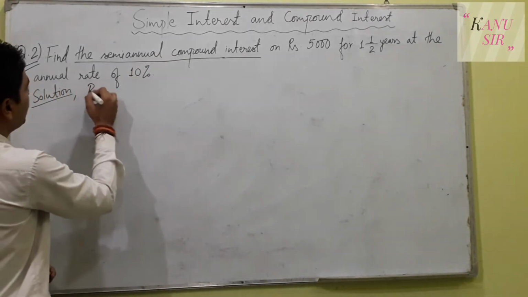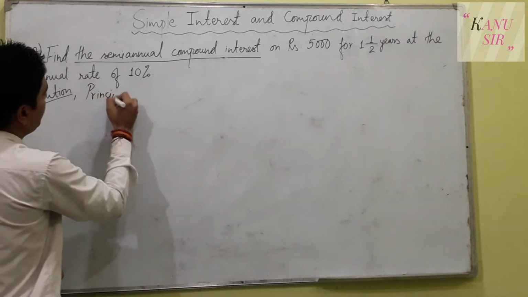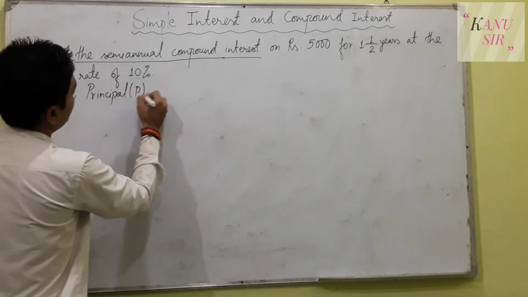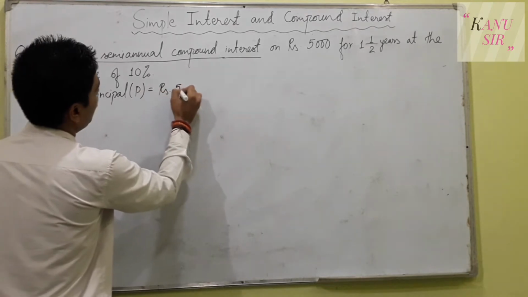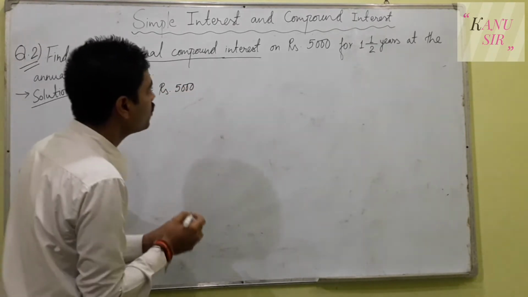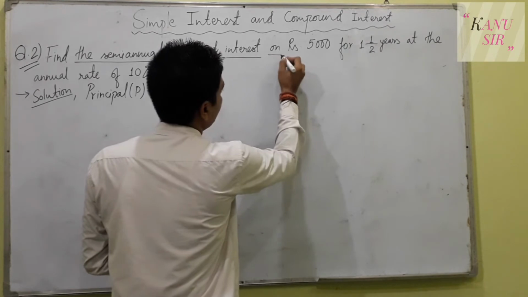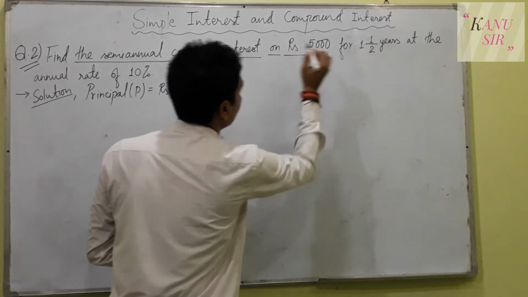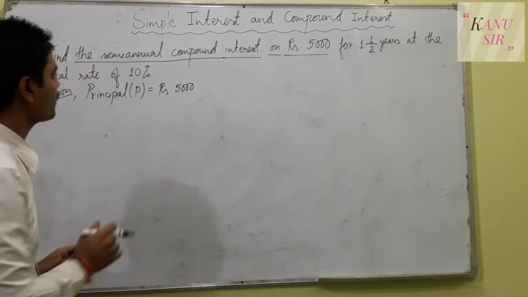So here we will write the given principal P is equal to rupees 5,000. And once again, how do we come to know? When the word on comes before a number, it means it is a principal, in an easy way to understand.